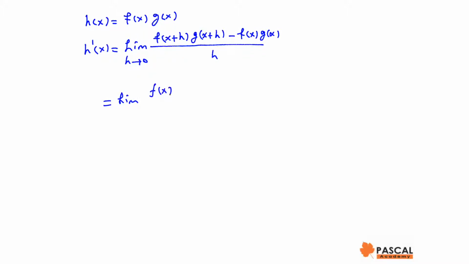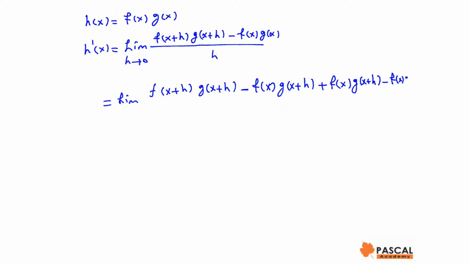We rewrite this limit as the limit of f of x plus h times g of x plus h minus f of x times g of x plus h plus f of x times g of x plus h minus f of x g of x over h as h approaches 0.